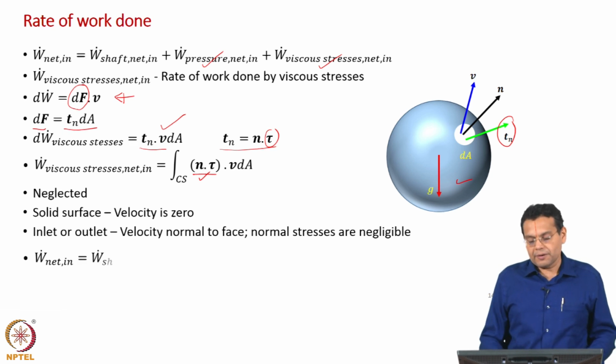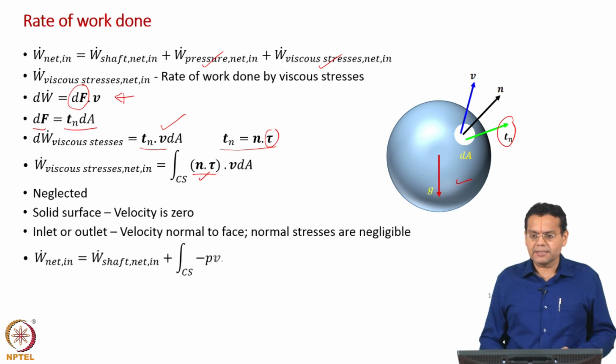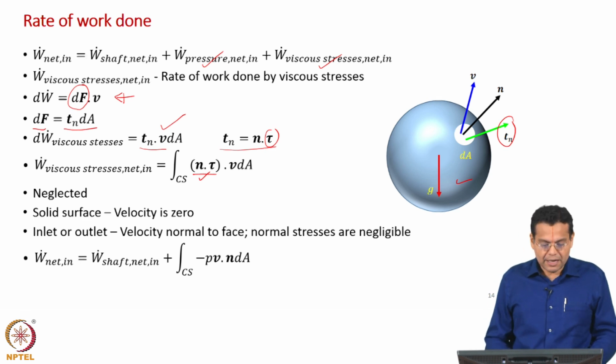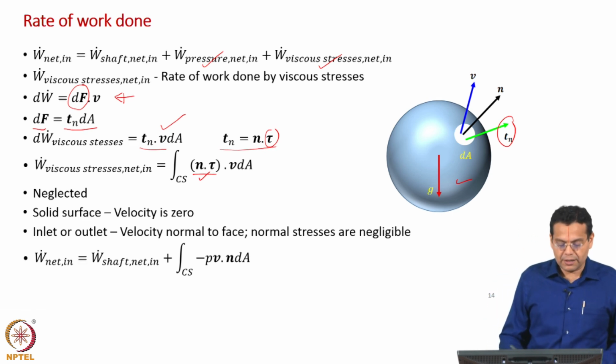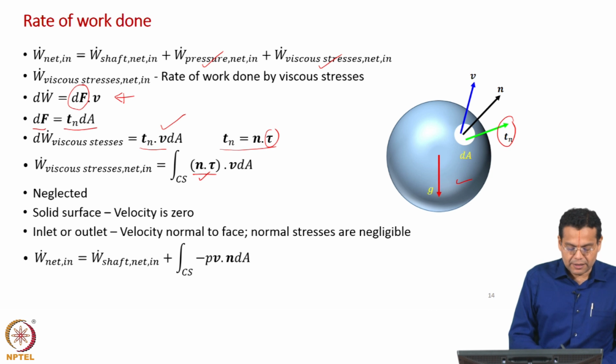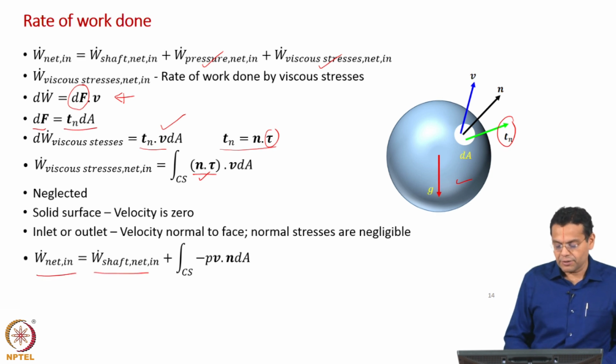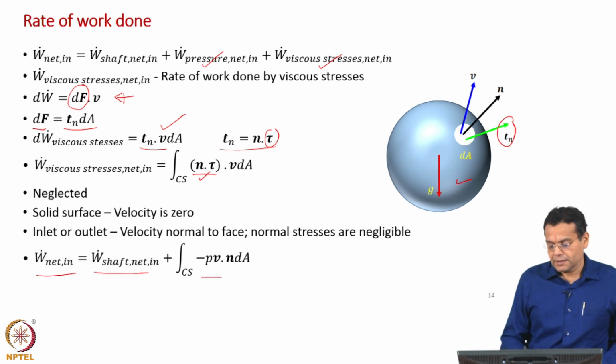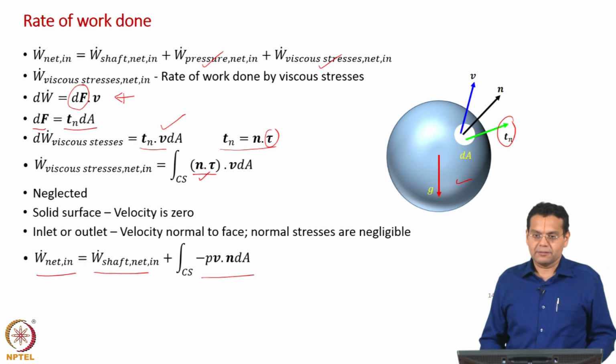Within the scope of our course and throughout integral energy balance, it is neglected, it is negligible. Our expression for the rate of work done becomes rate of shaft work plus rate of work done by pressure.